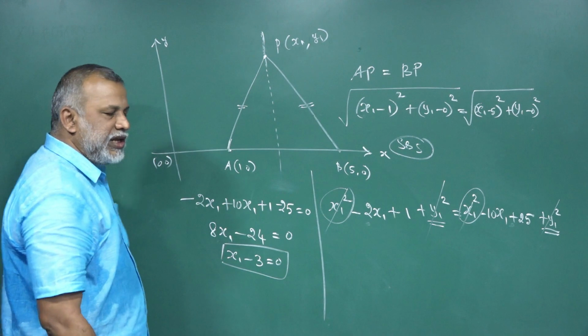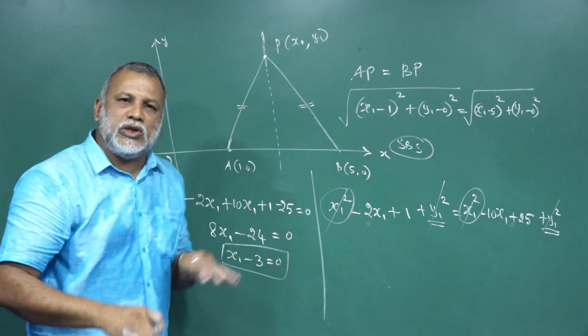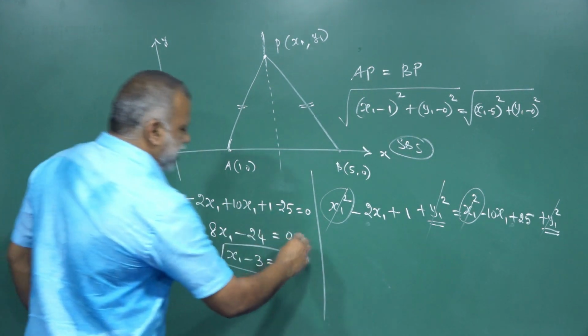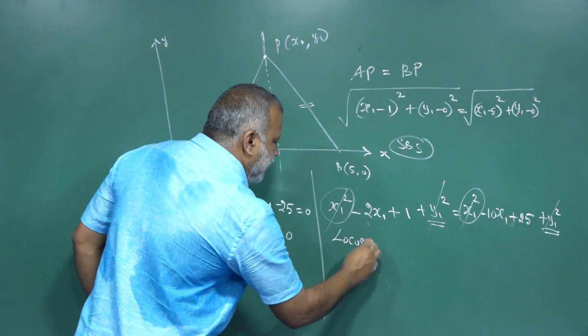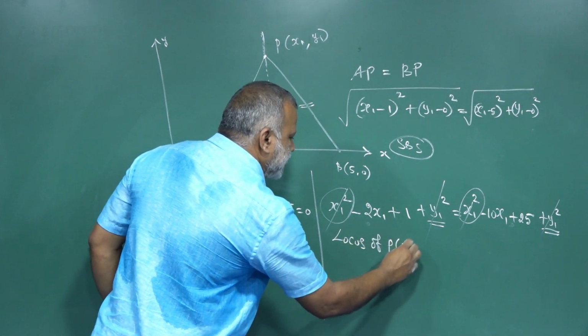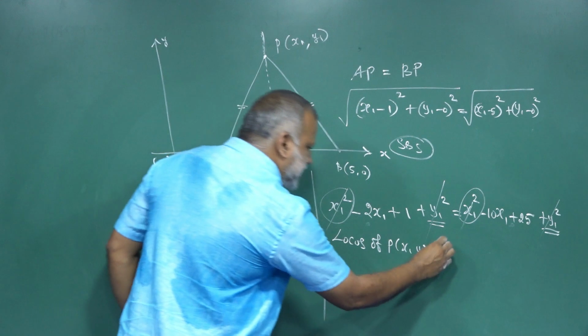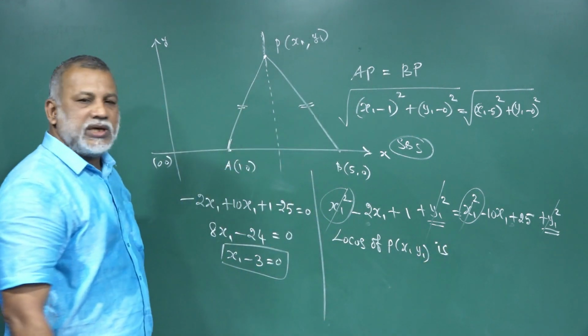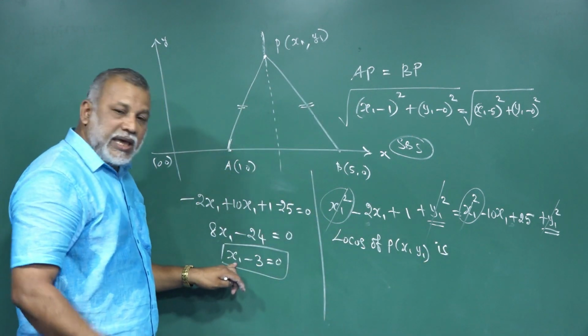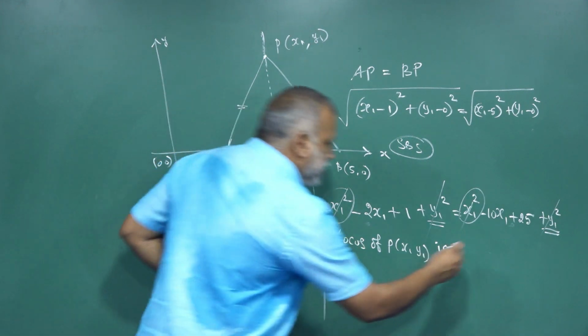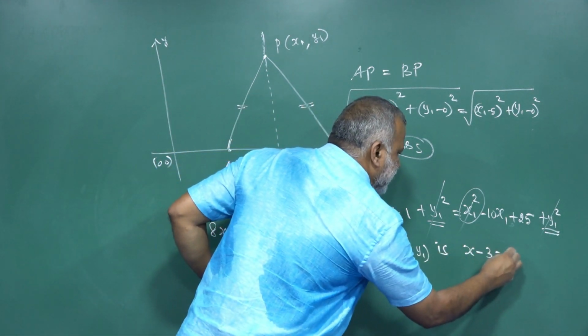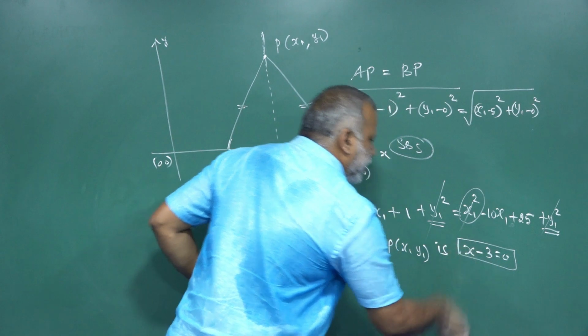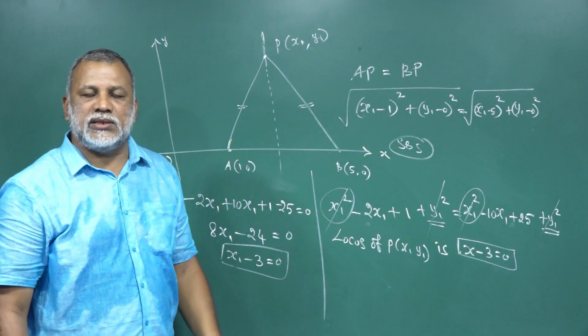But initially I explained we need the locus. Locus means it should be the moving point. Therefore, the locus of P(x1, y1) is, this x1 must be replaced by x: x minus 3 equal to 0.